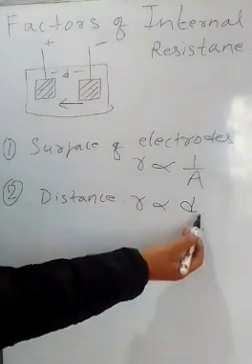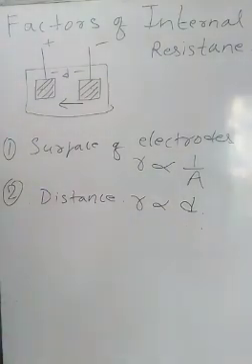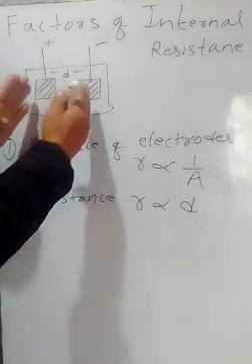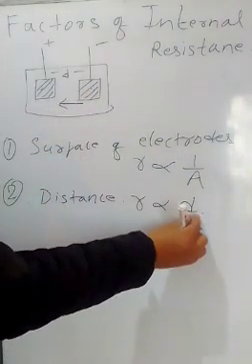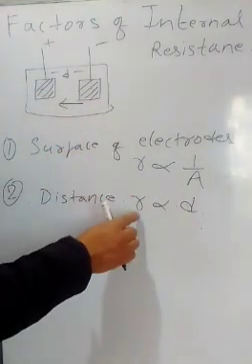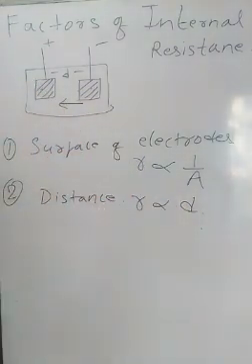If you increase the distance, the resistance also increases. That's why if these are very close to each other, with a small distance between these two electrodes, the resistance will also be very small.